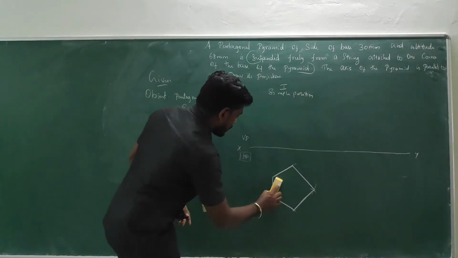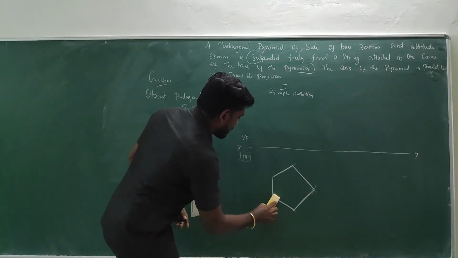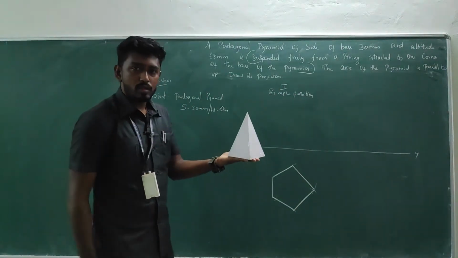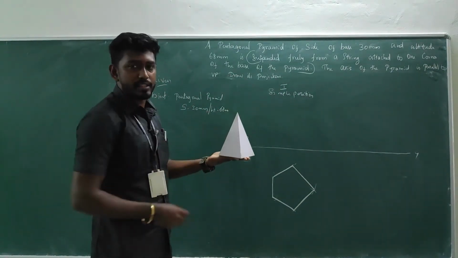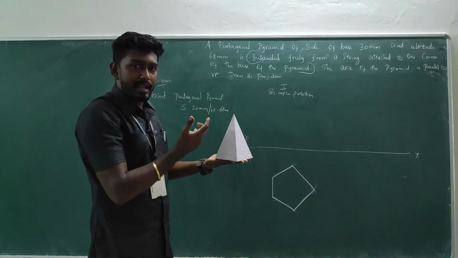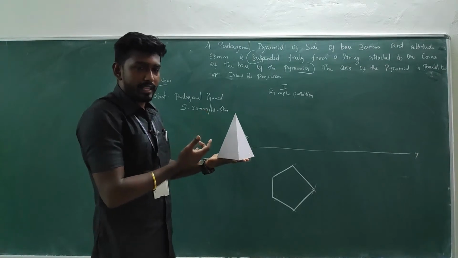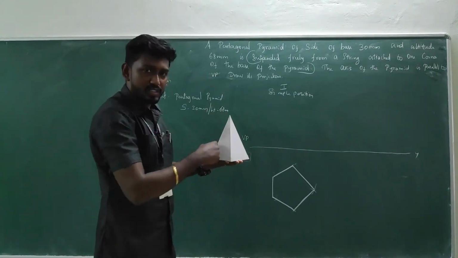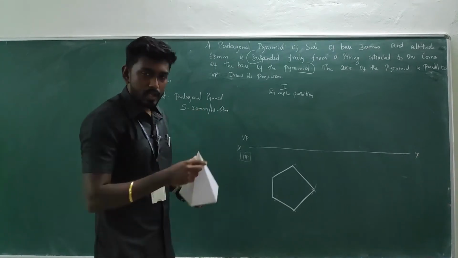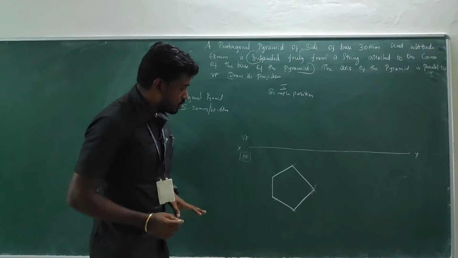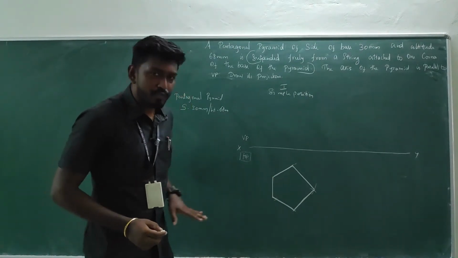Okay. Now it's a pentagonal pyramid, so there is an apex. When you are getting the observation from the top in a pyramid, it is a very important thing: along with the true shape, all the slant edges are visible. So we need to specify the apex here. In order to get the apex, we need to find the center of the polygon.